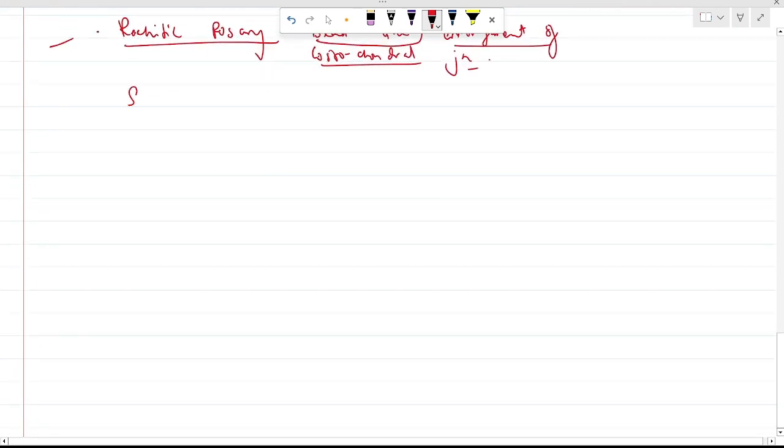Next is the all important scurvy. We are all familiar with this word scurvy. So what are these manifestations?